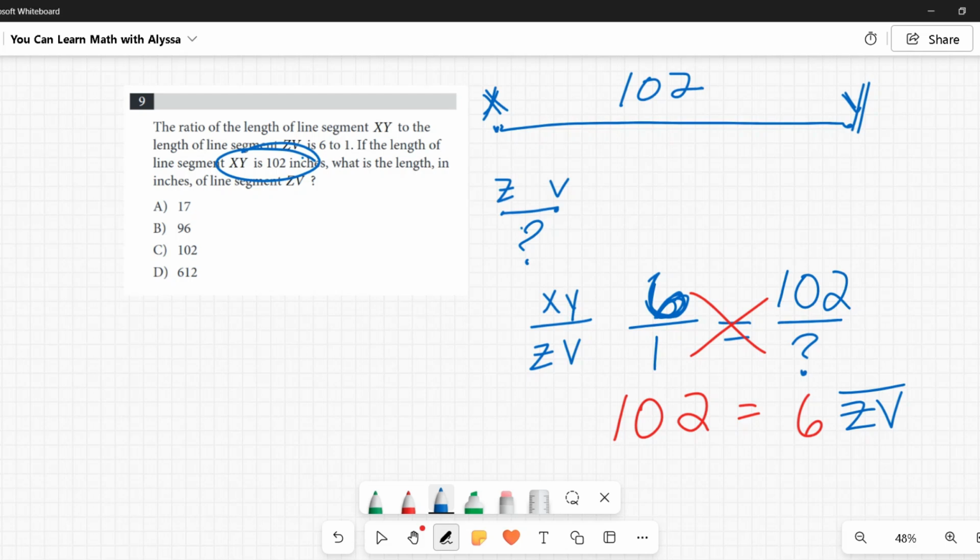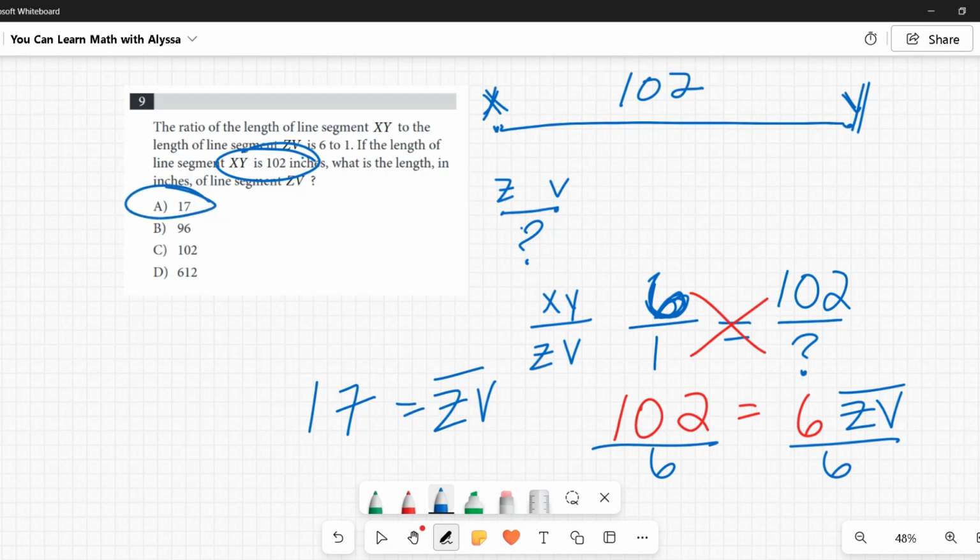Either way, it doesn't really matter, just as long as we know when we're working this problem what we are multiplying this by. So to solve for the length of ZV, it's being multiplied by 6, so I'm going to divide both sides by 6 to undo that. And when you divide 102 by 6, you get 17. And so that is my length of ZV, and that is the answer.